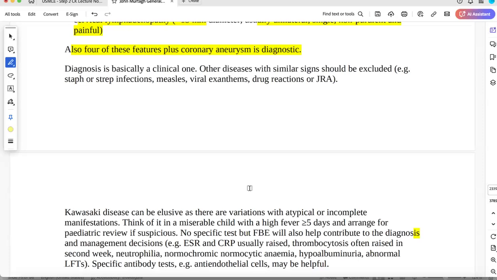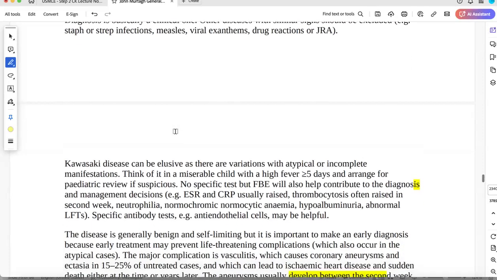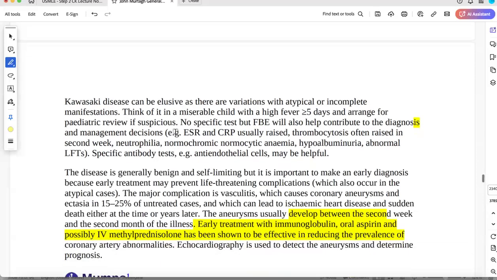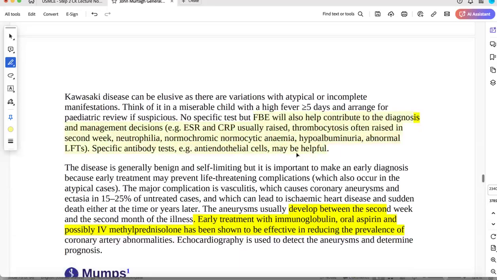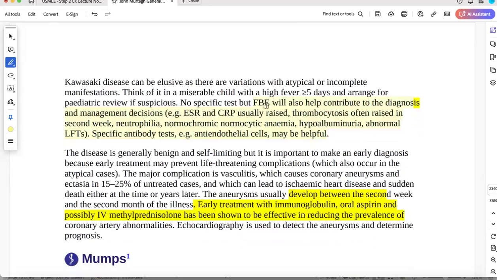Now, diagnosis is clinical, but this can mimic a lot of other conditions. So there is no specific test that can confirm the diagnosis, but you'll do some tests to rule out other conditions. So we do tests like full blood examination, inflammatory markers. You can sometimes even get thrombocytosis, which means the platelet count can get high.